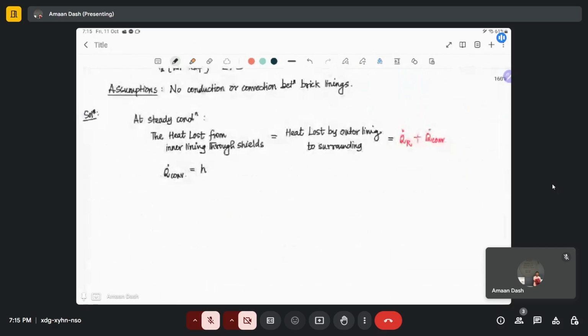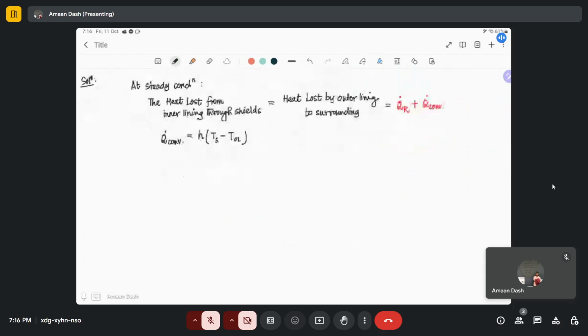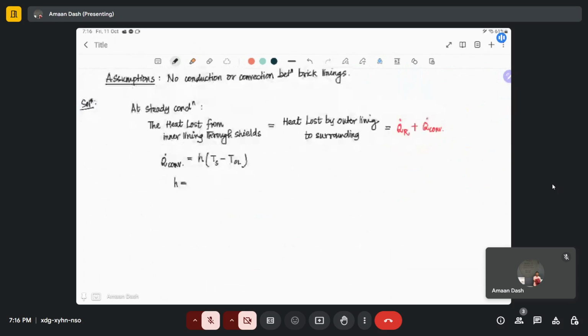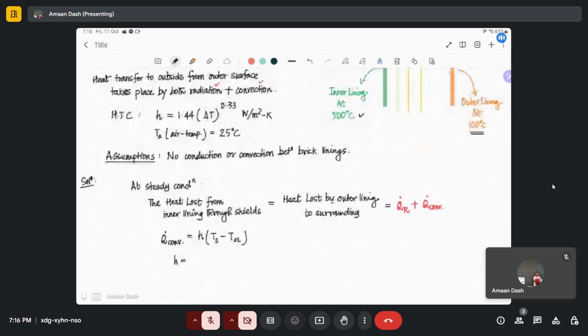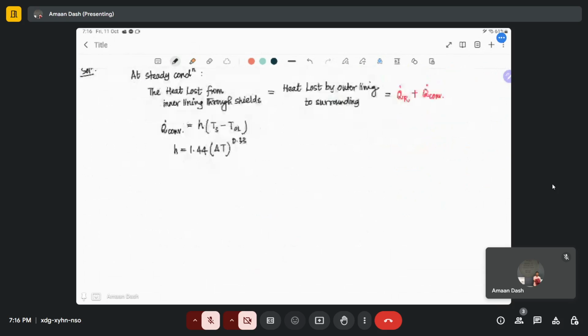That is what I am mentioning here. So I hope you understand. So at steady state, all the heat that is coming from the inner lining to the outer lining will be lost to the surface or the surrounding.